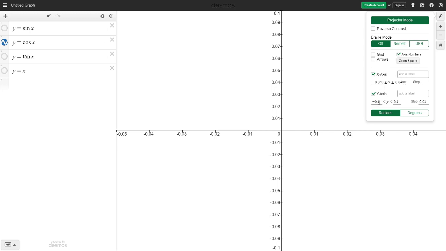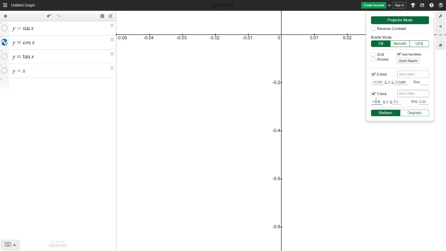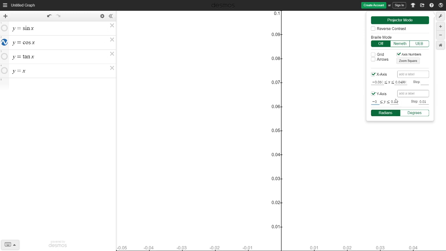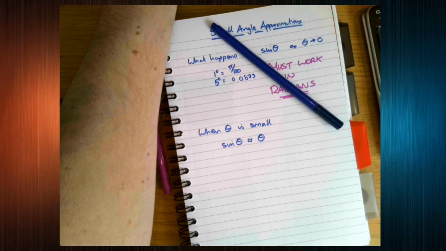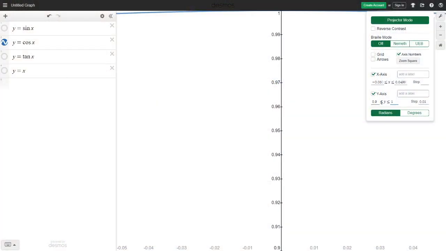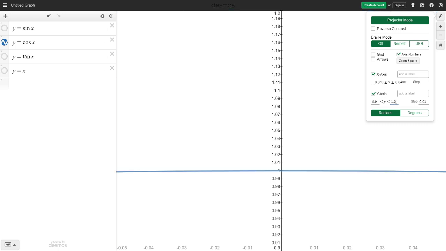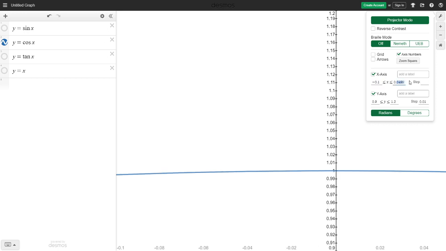So let's change our y-axis, which is the only one that matters, to 0.9 to 1.1, or 1.2. Now that's not hugely helpful because my x-axis is very, very small. So let's change that to minus 0.1 to 0.1.